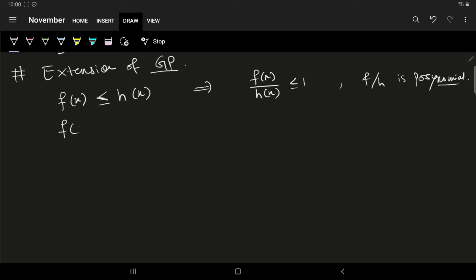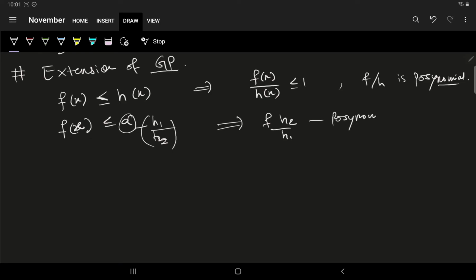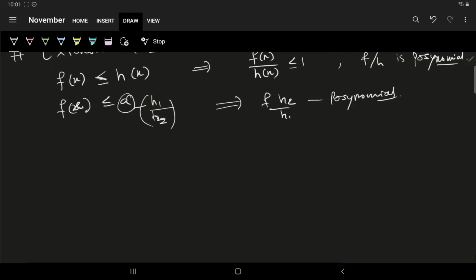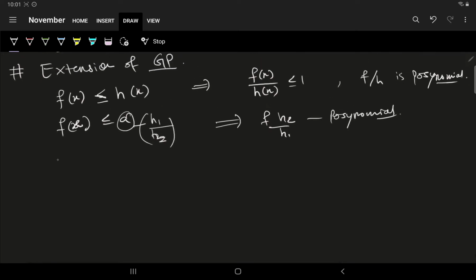Similarly, another case can be, this is another special case. We can also represent it as a product of two monomials, and we can take it to the left hand side and say that it is still a polynomial. Another can be the equality of monomials.